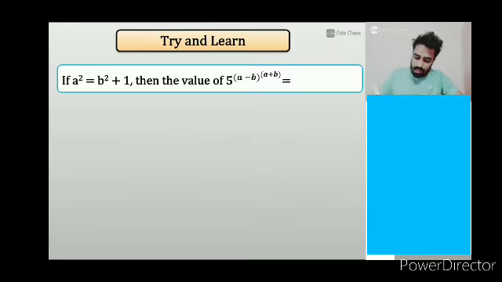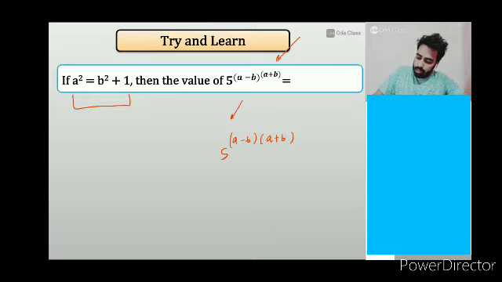Based on that, one example is there. Maybe some of you might have done it also. If you see that here they have written a square is equal to b square plus 1, and you need to find the value of 5 power a minus b into a plus b. So I can apply here a power m whole power n is a power mn.